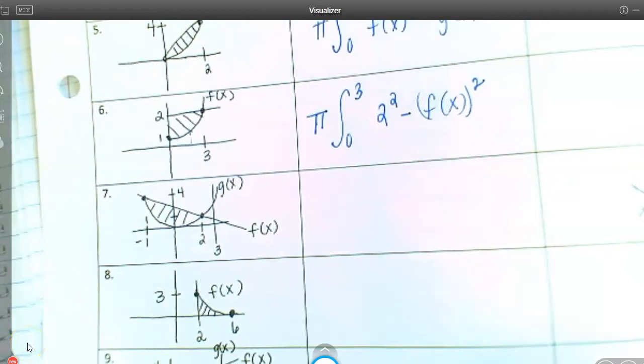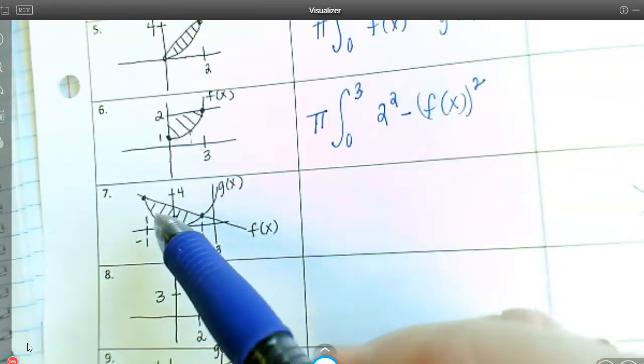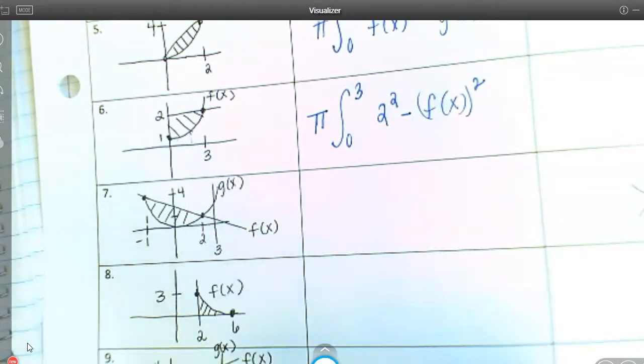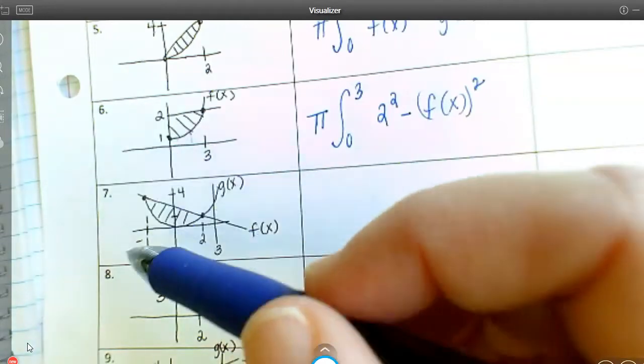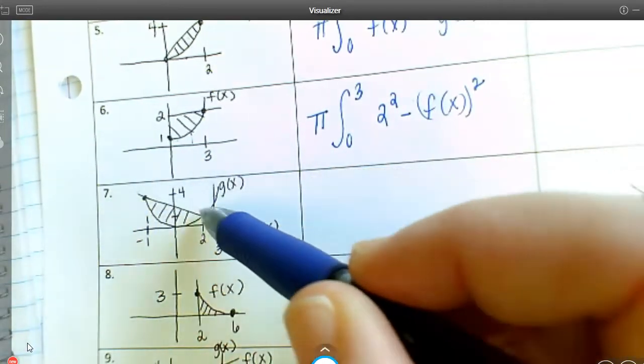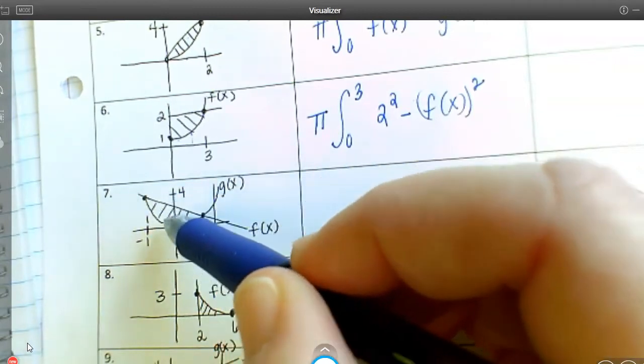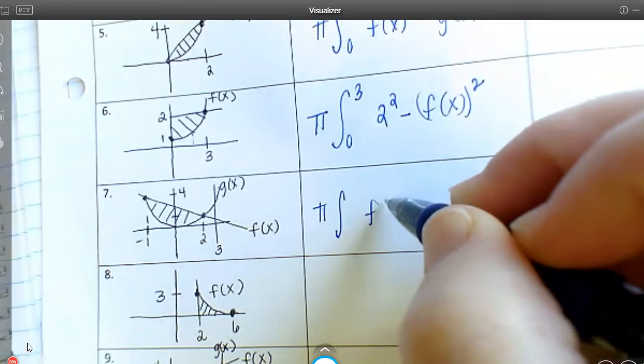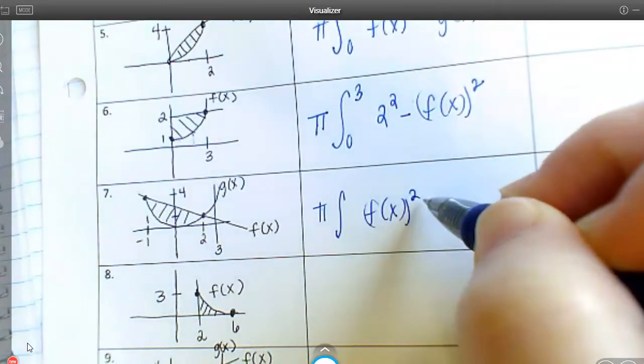Okay, this one's kind of weird because as far as the hole goes, there is a hole, but it connects in the middle, and then it's almost like there's 2 holes, sort of. But the hole is still the same part of the same function, so I can treat it as one hole. Okay, so the outside function is the line, because it's just f of x. So that one's the first one.